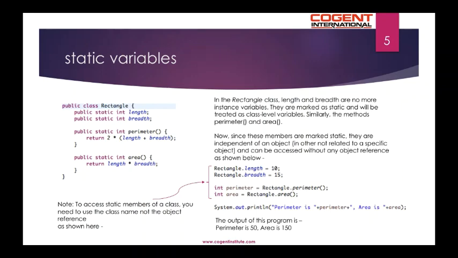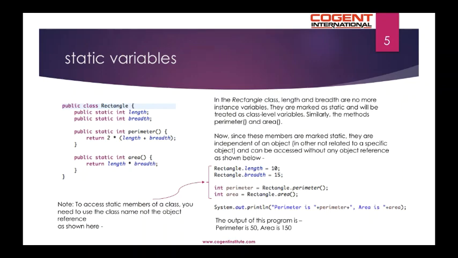In the same rectangle class, now the length and the breadth are no more instance variables. They are marked as static and will be treated as class level variables. Similarly, the methods, perimeter and area are marked static. Now, since these members are marked static, they are independent of an object.